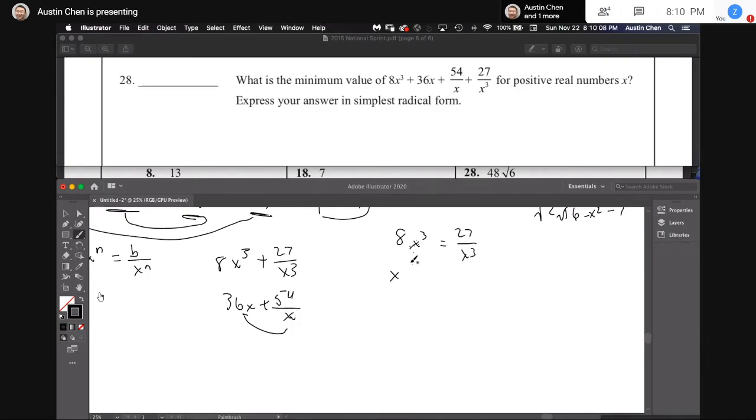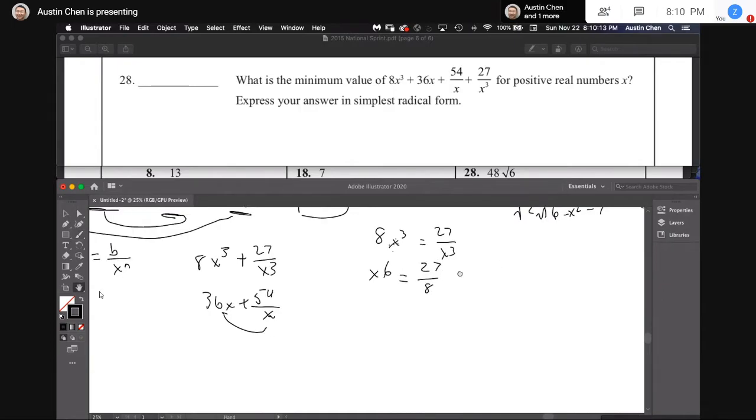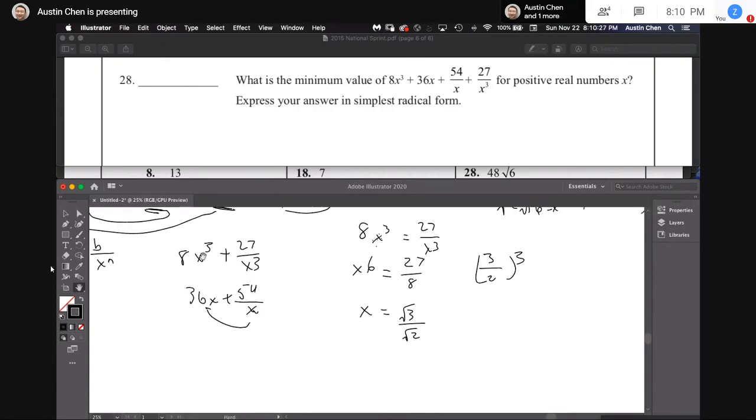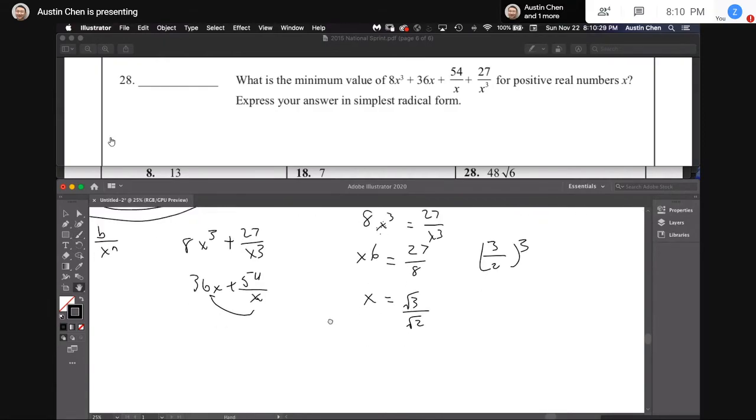And this will just be when x to the 6th equals 27 over 8. And 27 over 8 is just 3 over 2 cubed, right? So then this is saying x equals root 3 over root 2 on this minimum. So this is minimized when x equals root 3 over root 2.